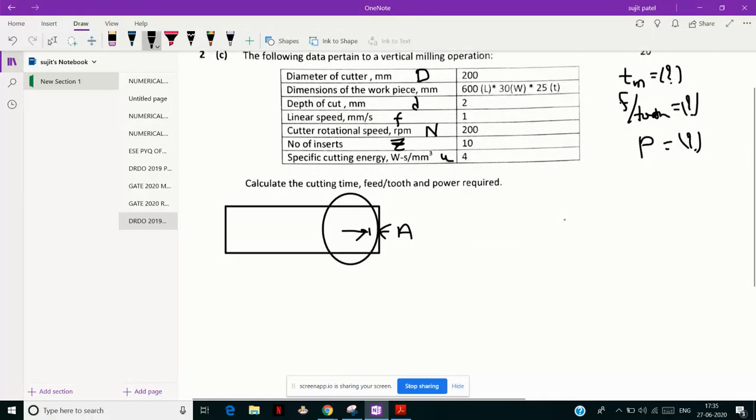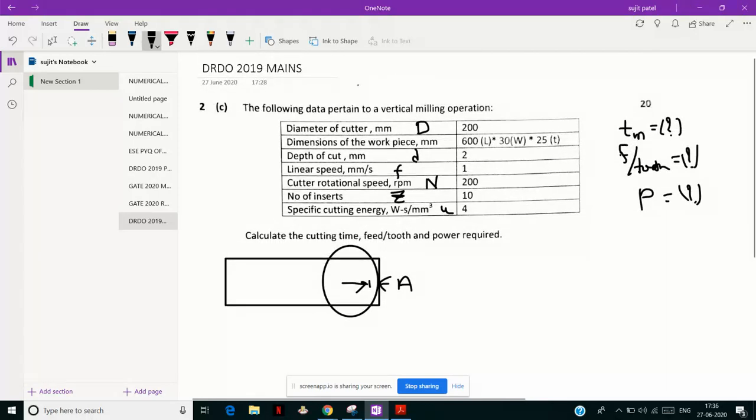Here it is given that it is a vertical milling operation, that means the spindle is vertical, and this question becomes face milling, not slab milling. So by this line, vertical milling, we can say that it is a face milling operation.